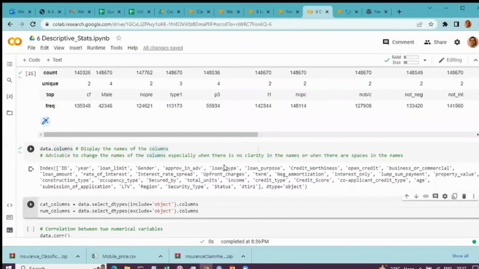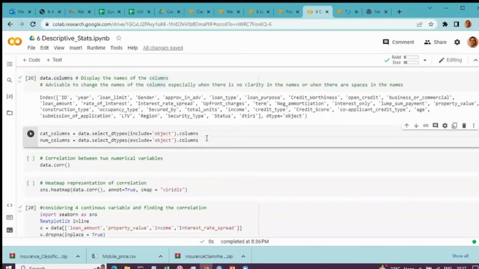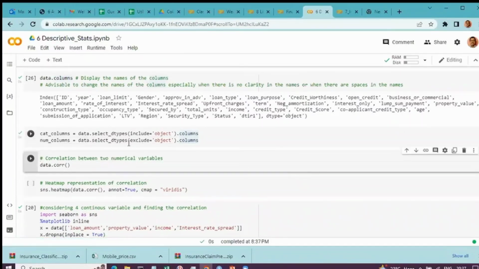Now, the other important thing that I wanted to talk about here is, let's say I want to talk about the numerical columns and the categorical columns.